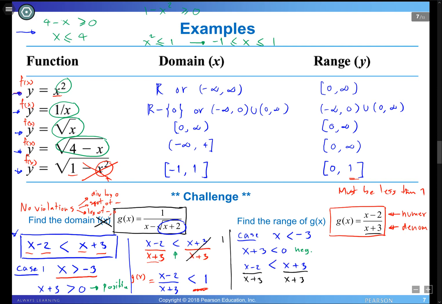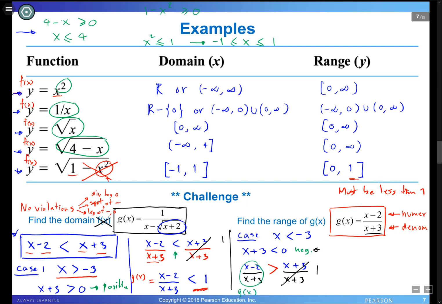But in this case, x plus 3 is negative, which means that I am required to change the sign to be the other way around. So in this case, we have this instead, and this gets cancelled to be that. And this turns out to be equal to g of x.